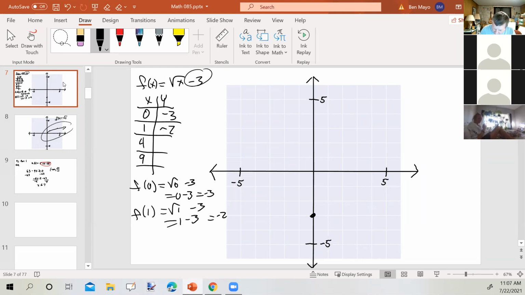So when x is 1, y is -2. Okay. 4. F of 4 is the square root of 4 minus 3, which is 2 minus 3, or -1. So we've got 4, -1. So we're getting this picture right here. Okay, now from that, I can see that it's either got to be this. Well, I got to go back to the other page here. Okay, sorry.